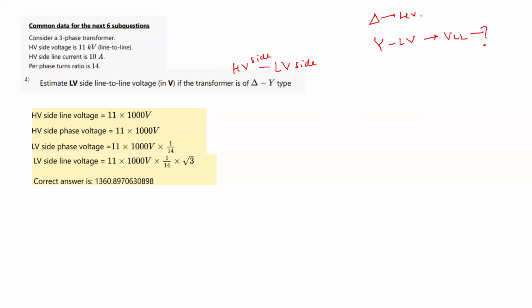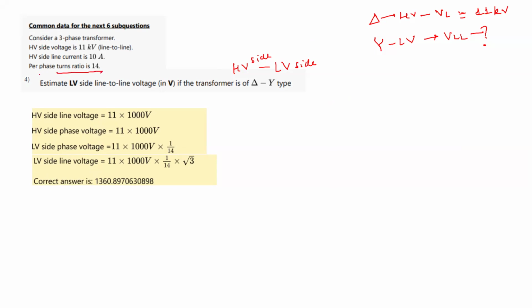We are given V line to line on the delta side, which is the 11 kV side. Now we have to find V line to line on the LV side. So how to do it? Because we want to go from one winding to the other winding, we will need the transformation ratio.